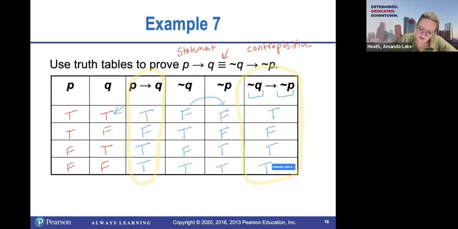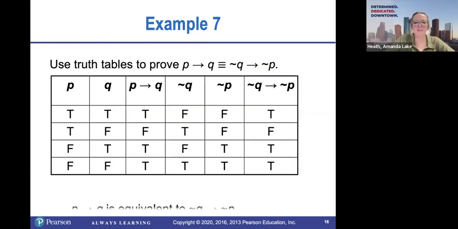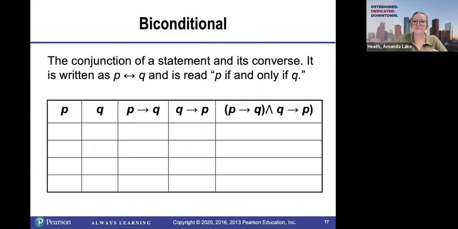So I can look at those 2 columns now and see, all right, true, true, false, true, true, false, or true, true. So these are logically equivalent, and I've just proved it. So P implies Q is equivalent to its contrapositive, not Q implies not P.